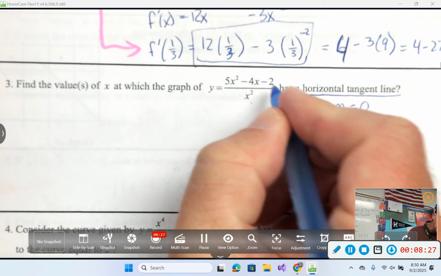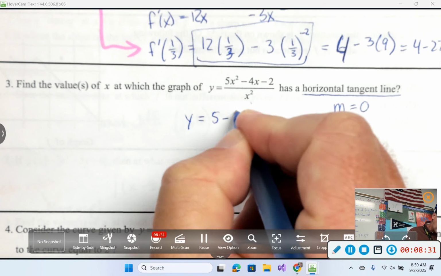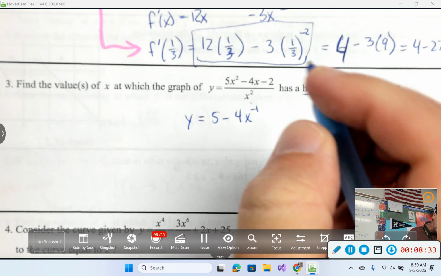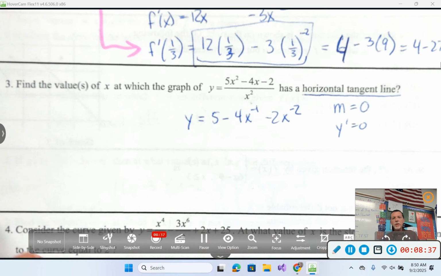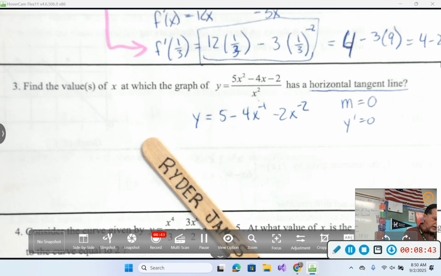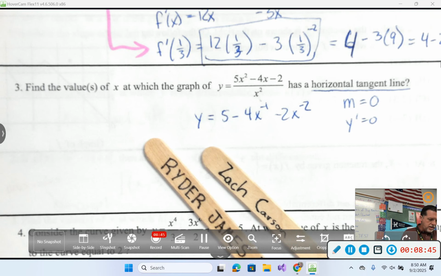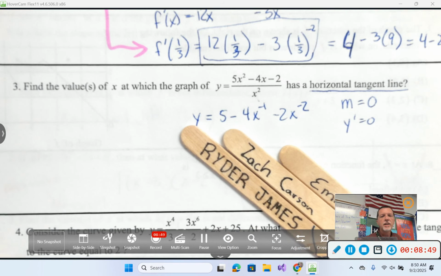Okay, this is a little bit similar to that last one. 5 minus 4x to the negative 1 minus 2x to the negative 2. Oh, let's just keep pulling popsicle sticks today. Ryder, Zach, and Emma.